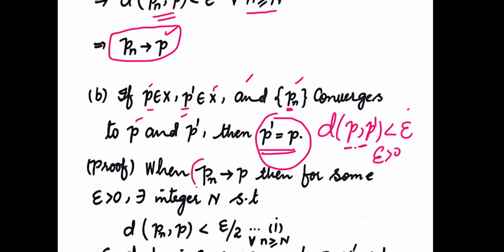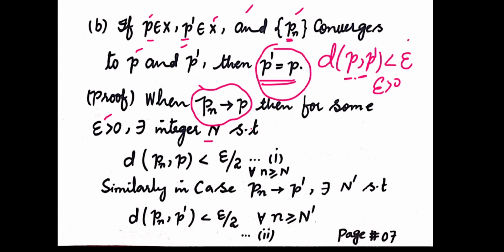When you say Pn converges to P, then for some positive real number epsilon, there exists an integer N such that the distance of Pn from P is always less than epsilon by 2 whenever n is greater than or equal to N. Similarly, in case Pn converges to P prime, there exists another integer N prime such that the distance of Pn from P prime is always less than epsilon by 2 when n is greater than or equal to N prime.